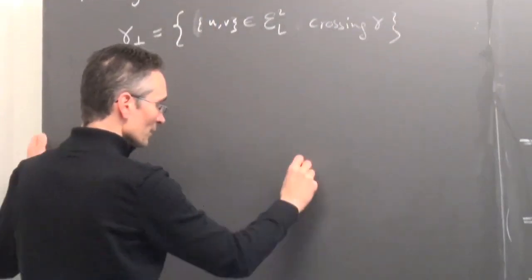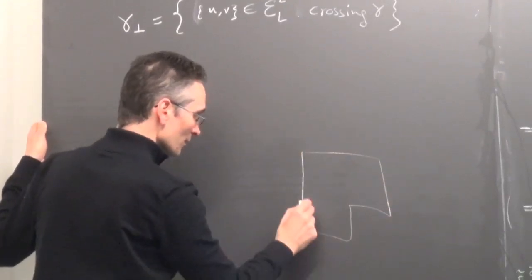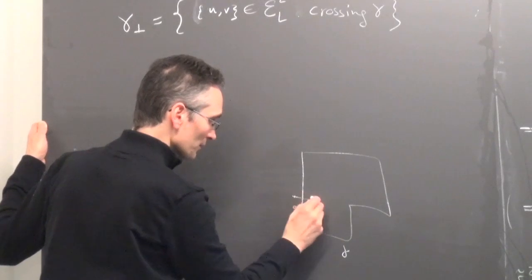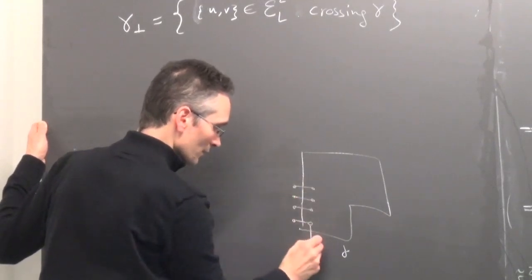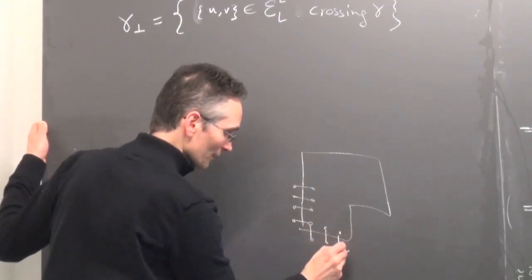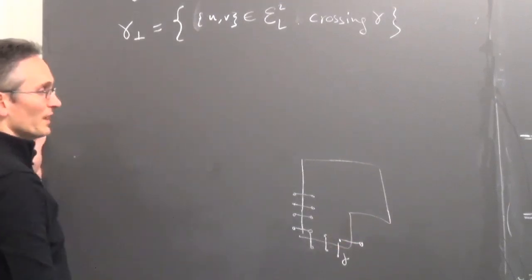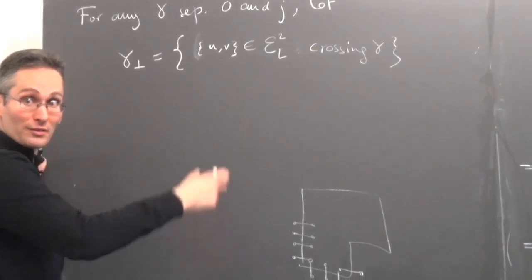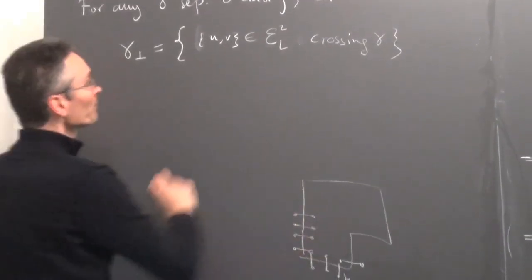Right? What I mean is, this is gamma, and I want all these pairs, and so on and so forth. All these guys. That's gamma orthogonal, the set of all edges which cross the contour gamma.